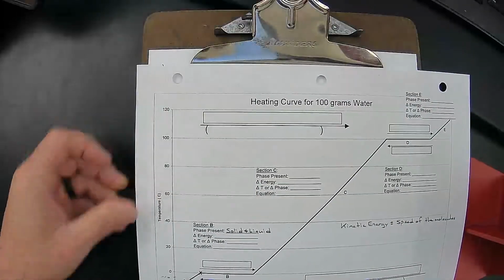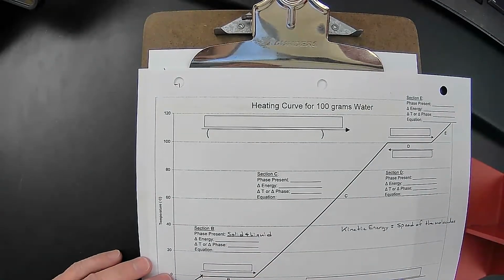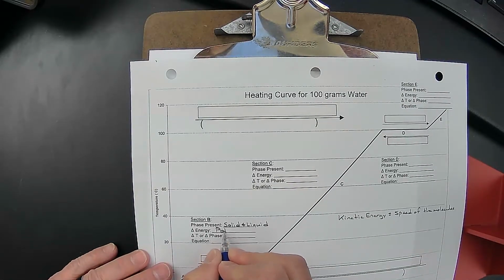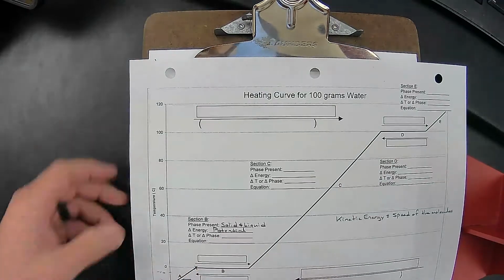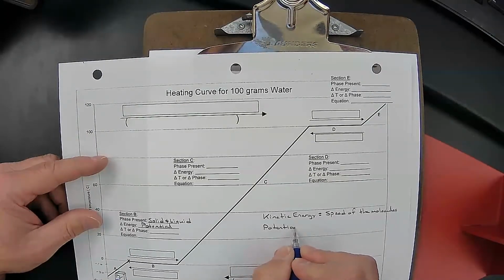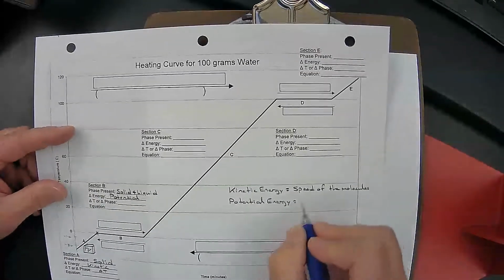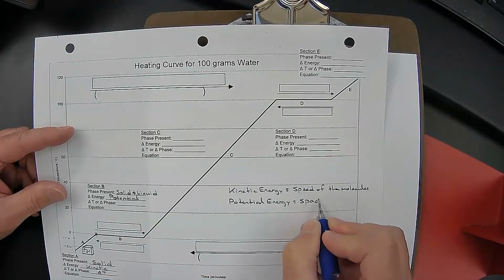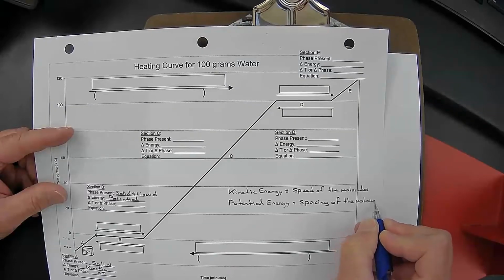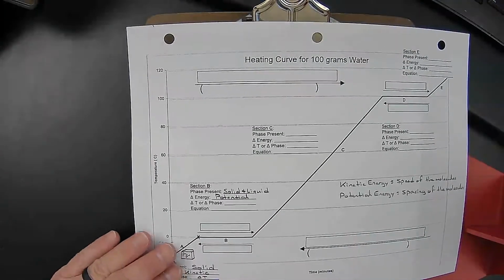The energy that's being absorbed by the water or the ice, the H2O, is called potential energy. When we think of potential energy, we're not thinking of the speed of the molecules, but instead we're thinking of the spacing of the molecules. So the energy that's being absorbed now is going into changing the spacing of the molecules.